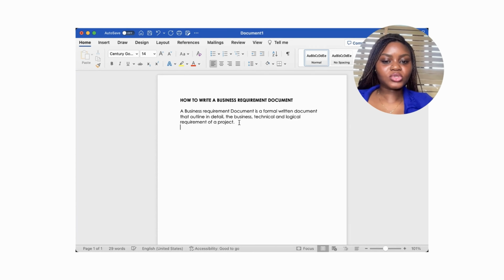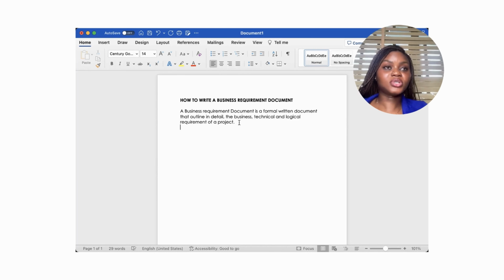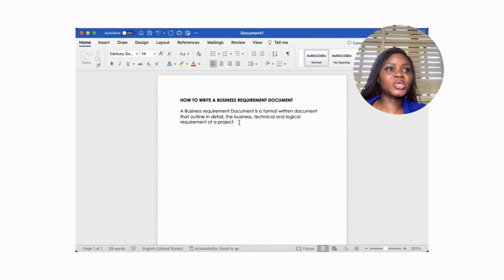This documentation that I'm going to be coming up with is going to be useful for anybody involved in the software development lifecycle of this project.